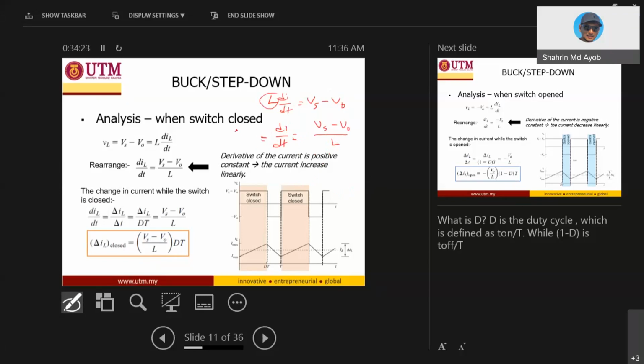So we can just use the change of IL over the change of time, the change of current over the change of time. Differential. So that's why I do this: the change of current versus the change of time.